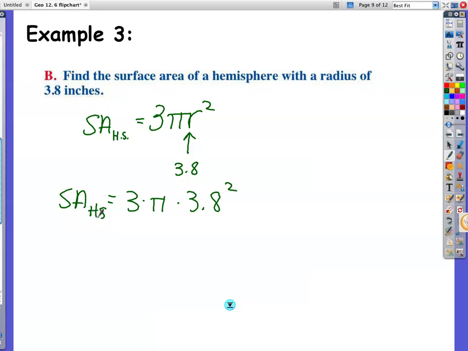Basically, it's just a calculation. 3.8 squared, I always do that first when I do my calculations. Maybe you don't, but as long as you get it all in there. Our answer should be 136.09, which means I'm going to round to the tenth. And then my label should be inches squared.